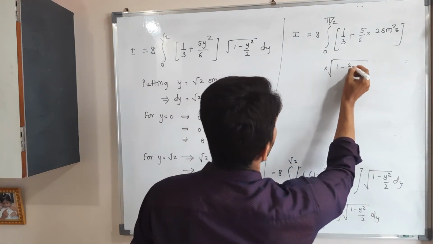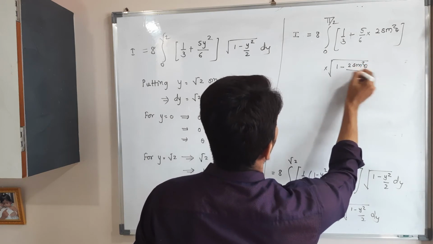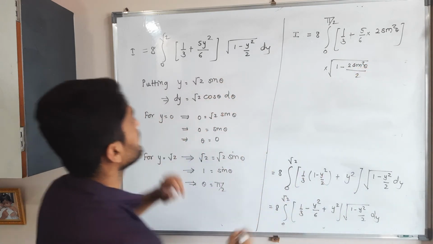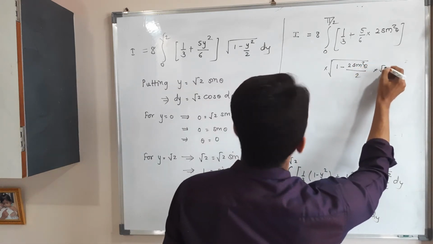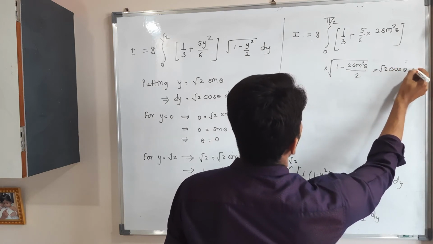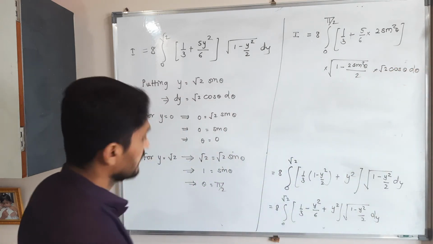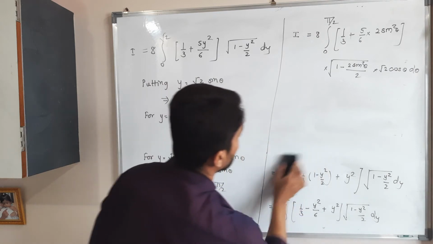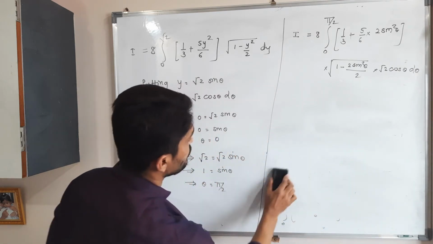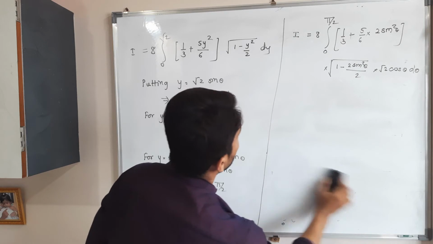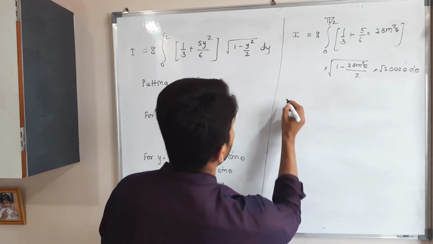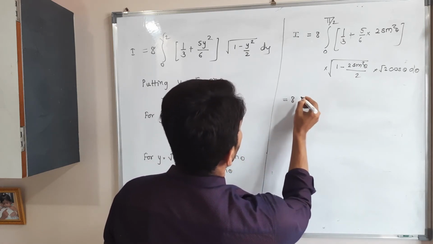It is 2 sine square theta by 2, and what is our dy? Into root 2 cos theta d theta. So this is our dy, right? Now I will remove this one, so we will have more space to solve the problem. Okay, this is equal to 8.